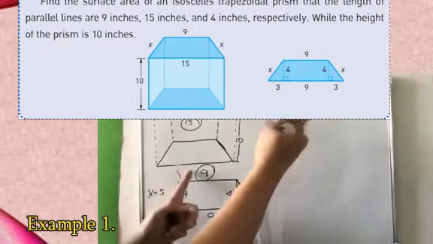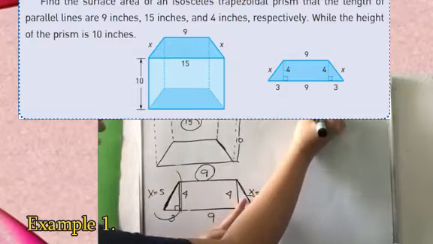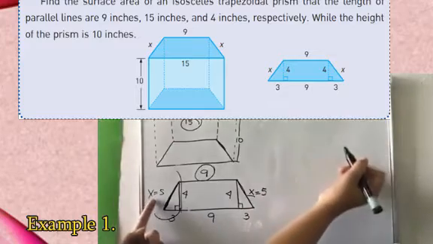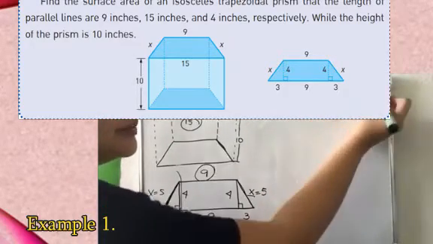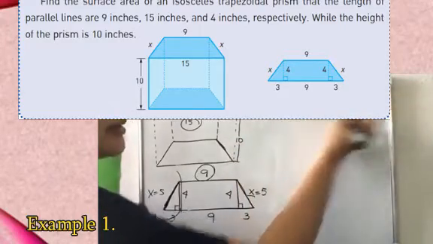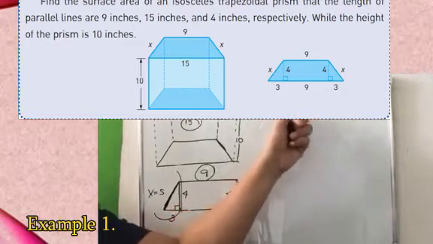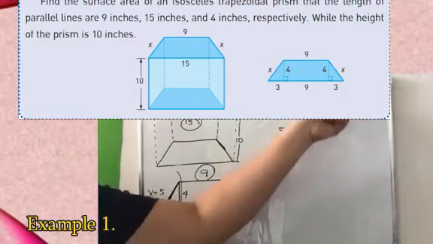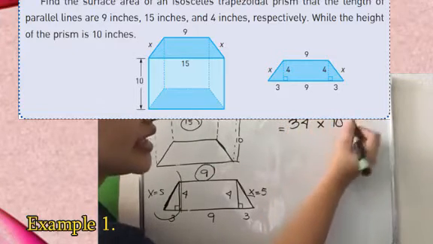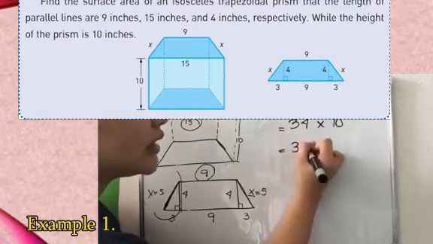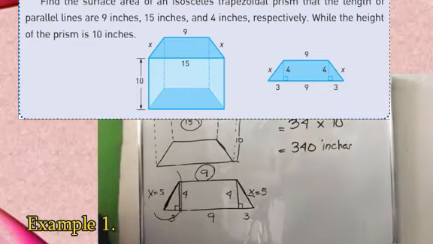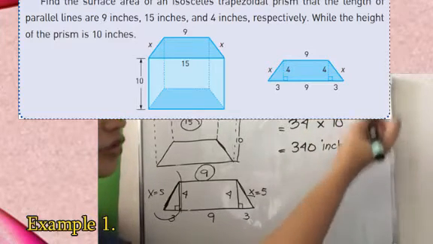So the perimeter is 9 plus 5 plus 15 plus 5 again, times our height, which is 10. 9 plus 5 plus 15 plus 5 is equal to 34, times 10 for our height, that is equal to 340 inches squared.